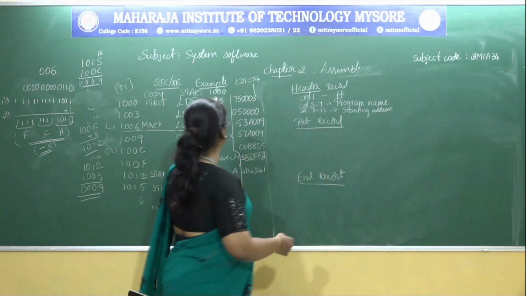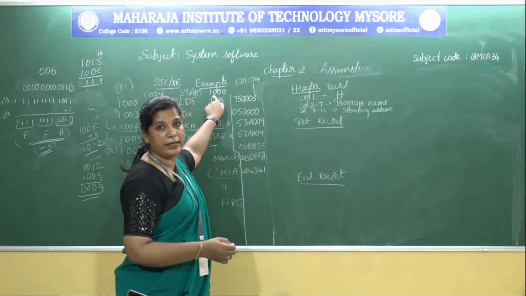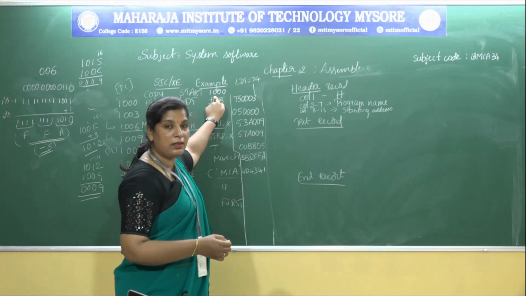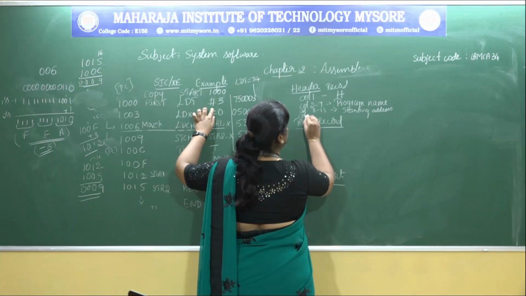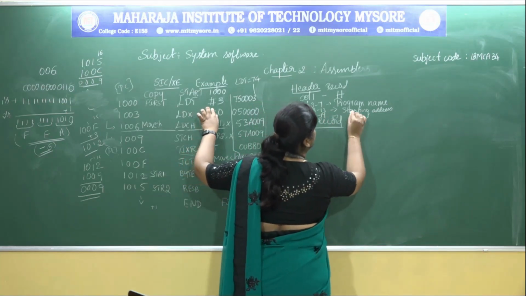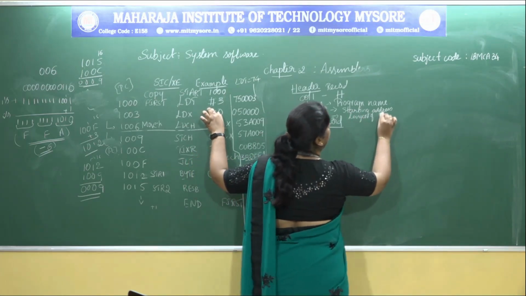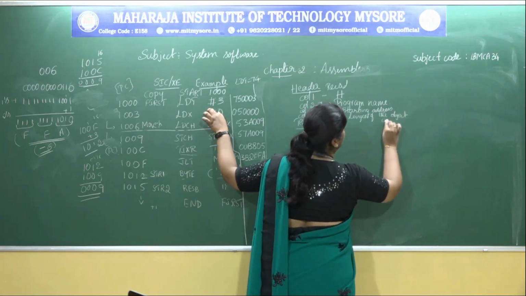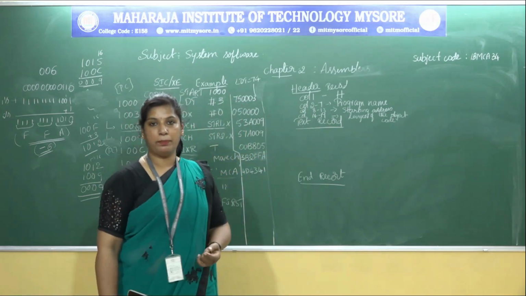If the starting address has not been mentioned by using the START assembler directive, by default the assembler will take 000 as the starting address. The remaining columns, 14 to 19, represent the length of the object code of that program.